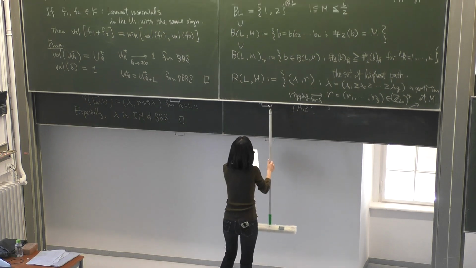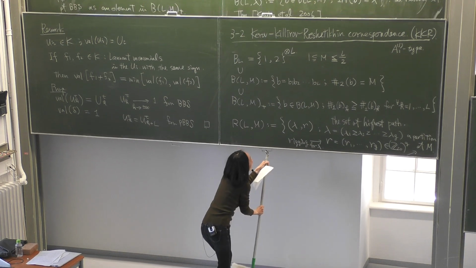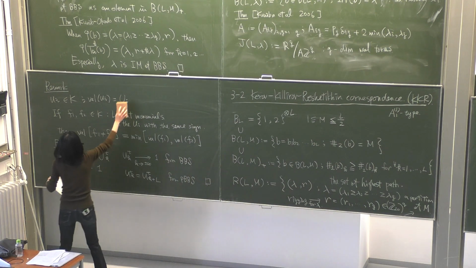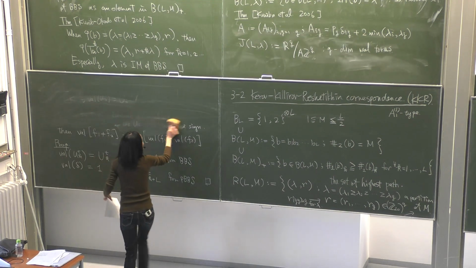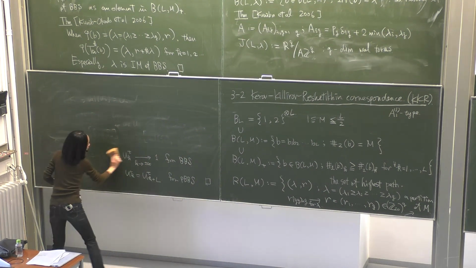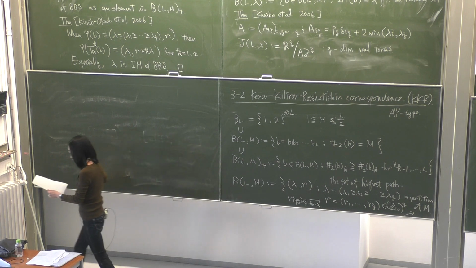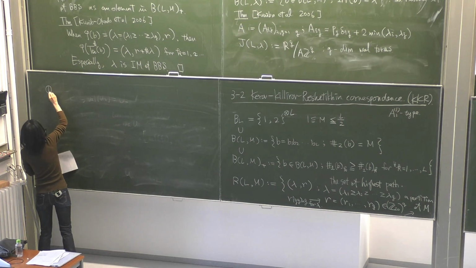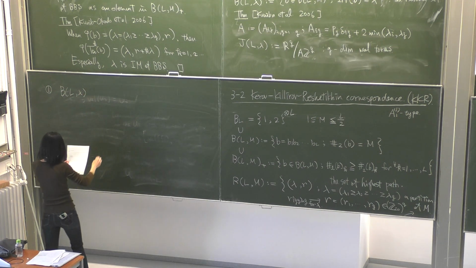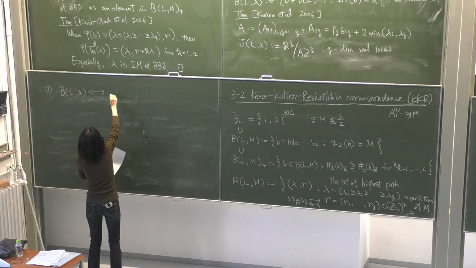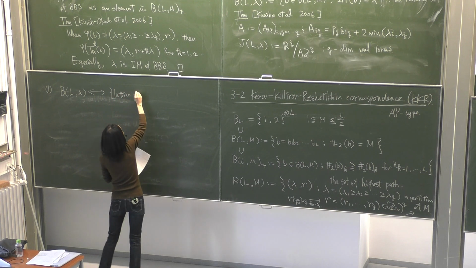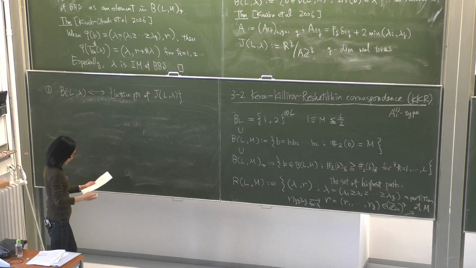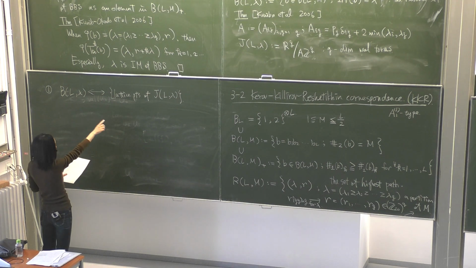We have the following claims. The first one is that between the set BL lambda and the lattice points of the G-dimensional real torus J, there is a one-to-one correspondence.